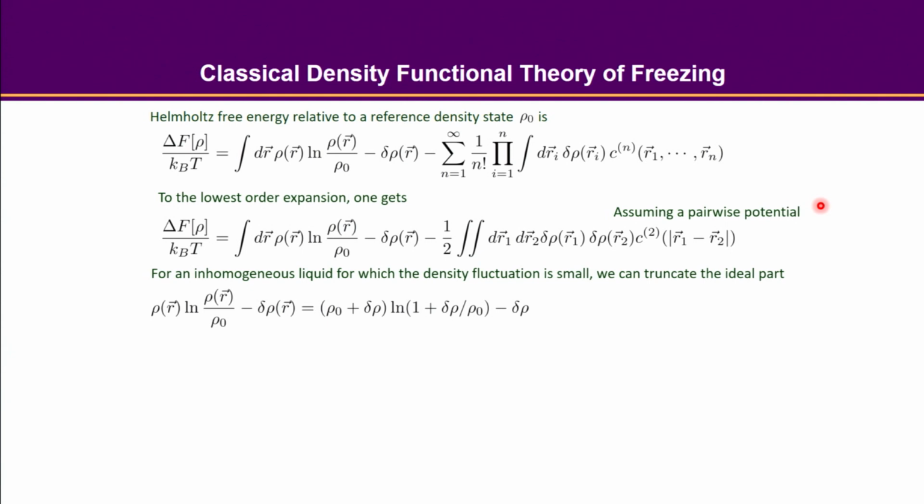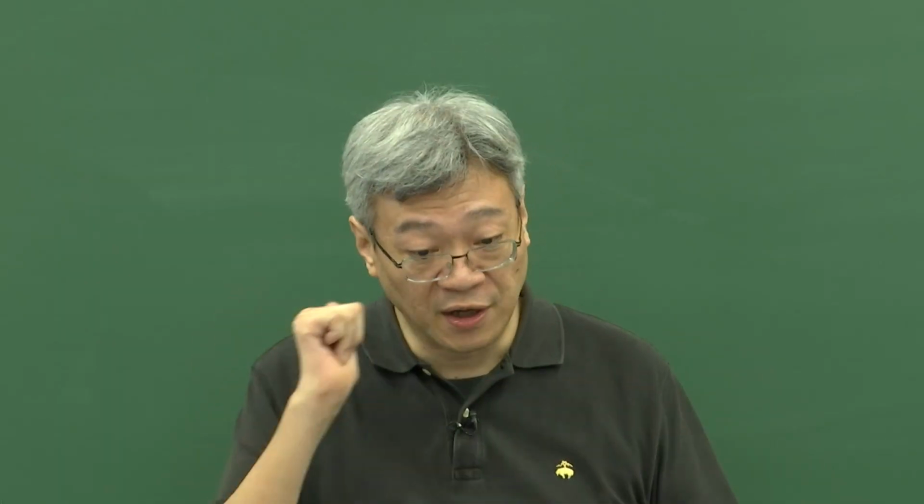Okay, so now what we're going to do is just to simplify the expression, because there's a log term here. The log term is a nonlinear term, and we just want to get some physics, so we want to truncate the log to a certain degree. So again, we are looking at a system of an inhomogeneous liquid, which means the density fluctuation is not that large compared to rho naught, all right?